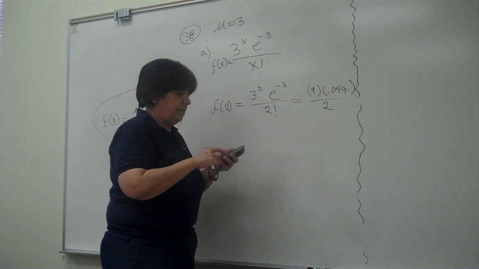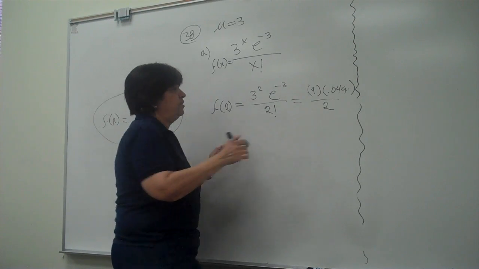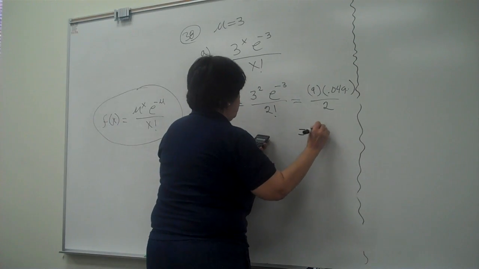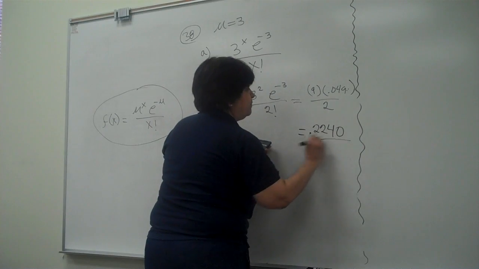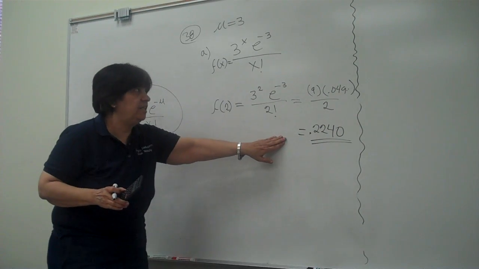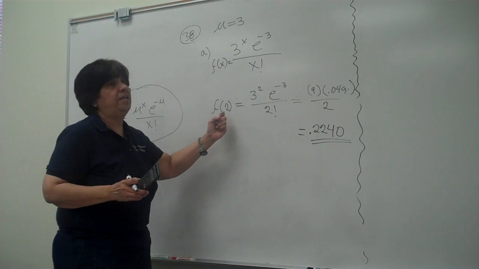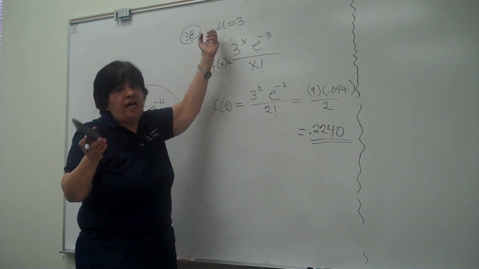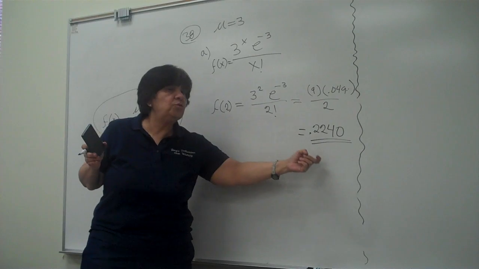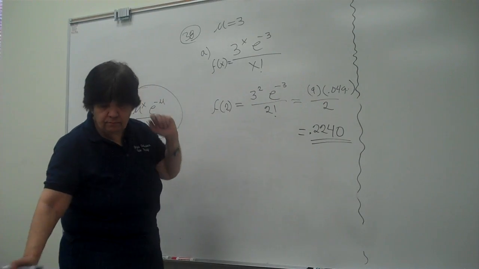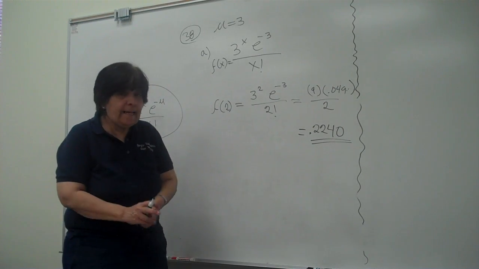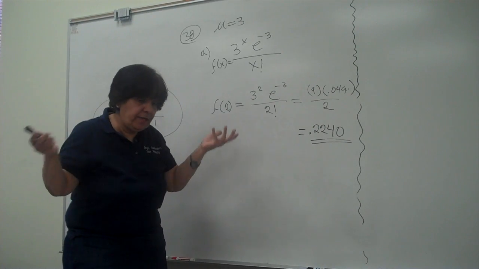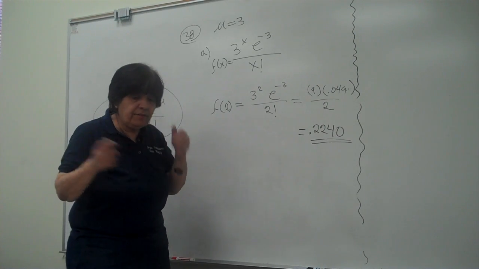So it's times 9 divided by 2. This is equal to 0.2240. The probability that I'm going to find two successes in the time period is 0.2240. That's it. The rest of the things are pretty easy.